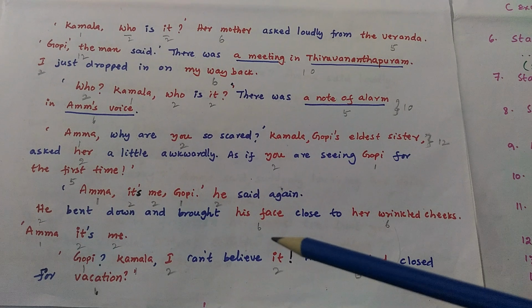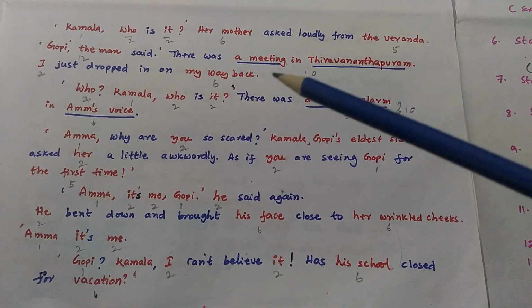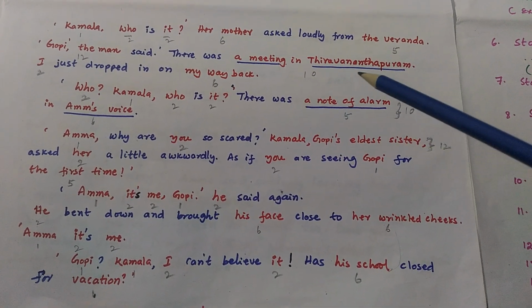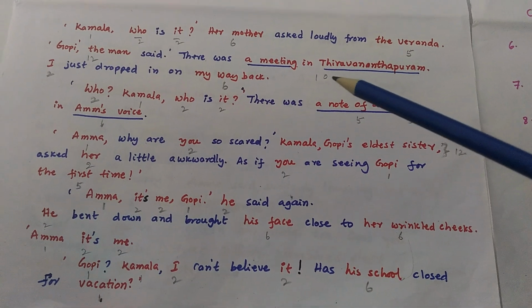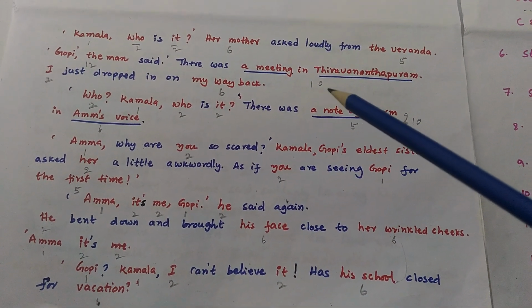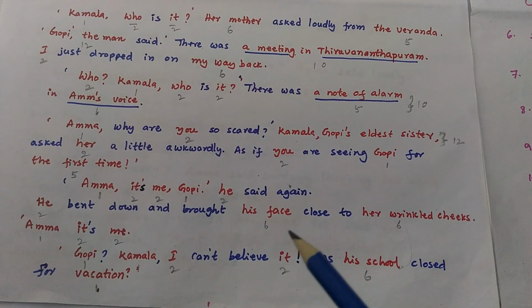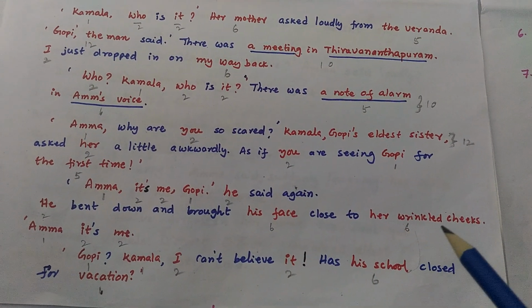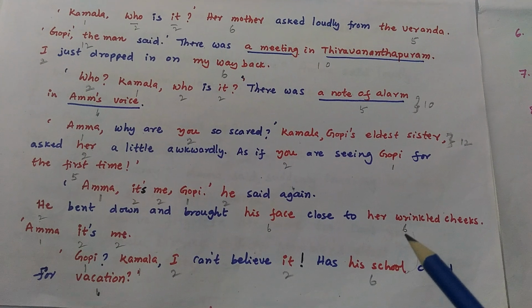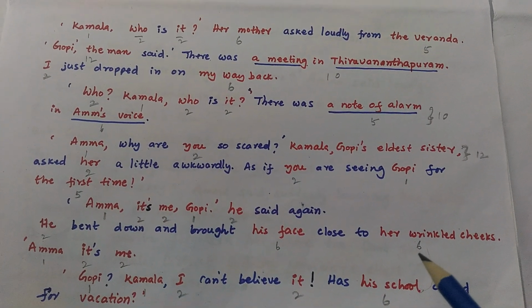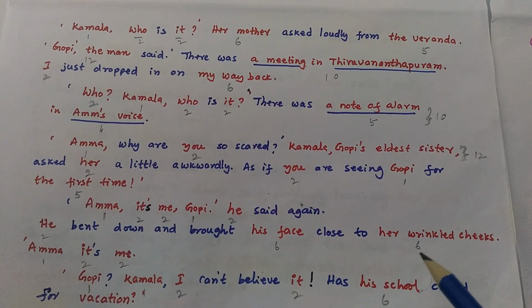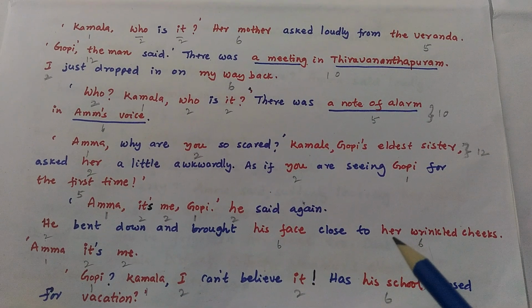And next page, this is the passage with the indicators. For example, a meeting in Thiruvananthapuram, the indicator number is 10, that is noun plus prepositional phrase. Like this, her wrinkled cheeks, this is the indicator number 6, that is the noun phrase starts with a possessive.